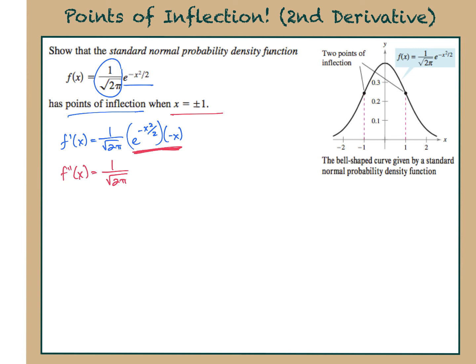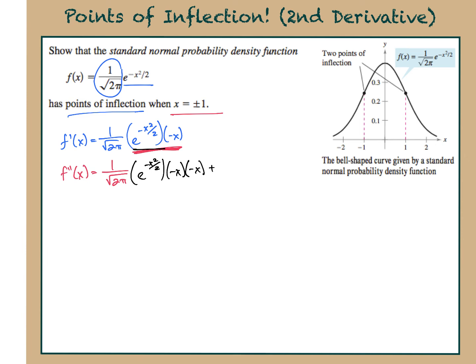This e to the negative x squared over 2 times negative x. That's a product rule. So the derivative of my first ends up being e to the negative x squared over 2 times negative x times the second, which is negative x.